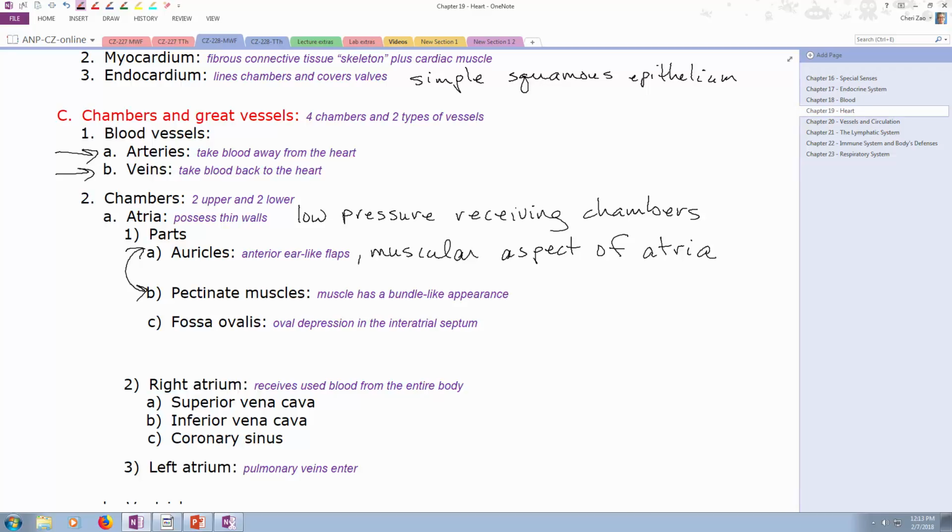And they do allow for a little additional blood volume. So they do provide a little more space for blood volume.